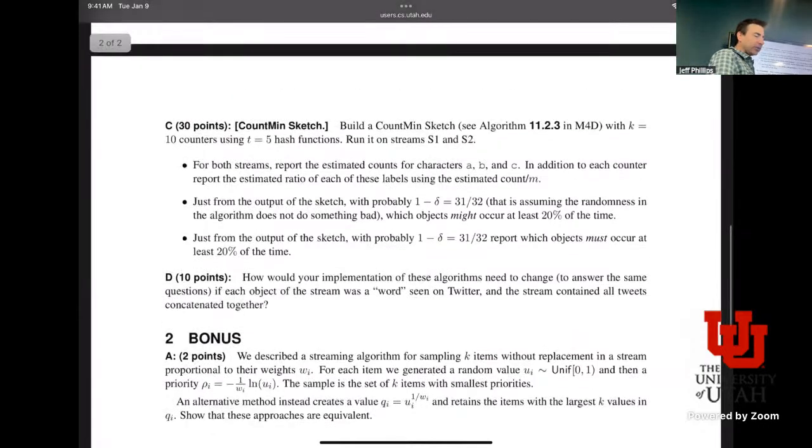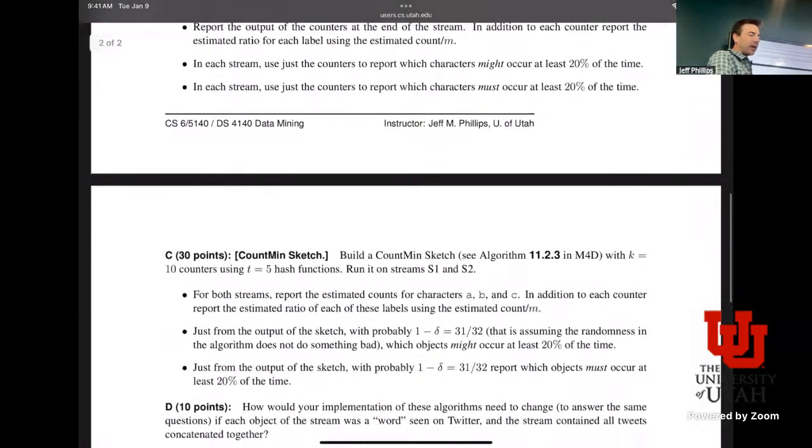The questions for Misra-Gries and count-min sketch force you to reckon with what the error bounds actually mean, and so it's a little confusing to understand how to interpret what the sketch tells you from the information. That's what you're forced to grapple with a little bit. There's a randomization in the count-min sketch. I've asked the question in a way that might seem confusing, but you can assume there aren't any issues with the randomness.